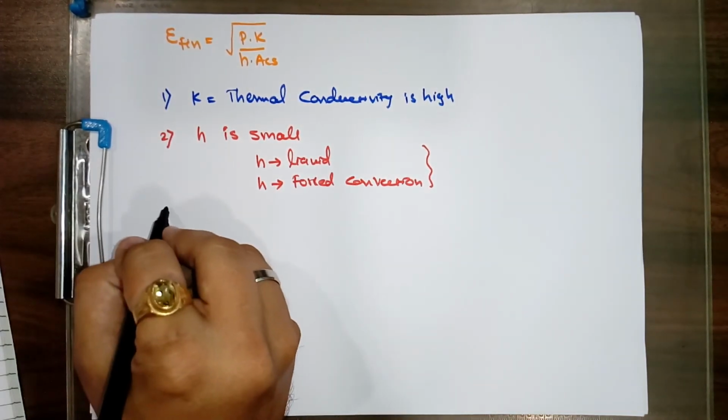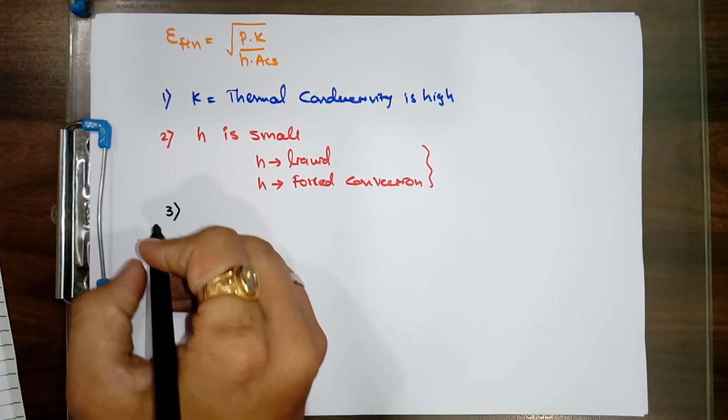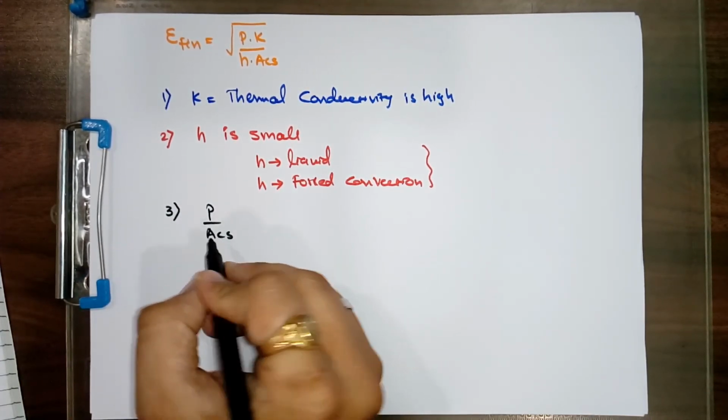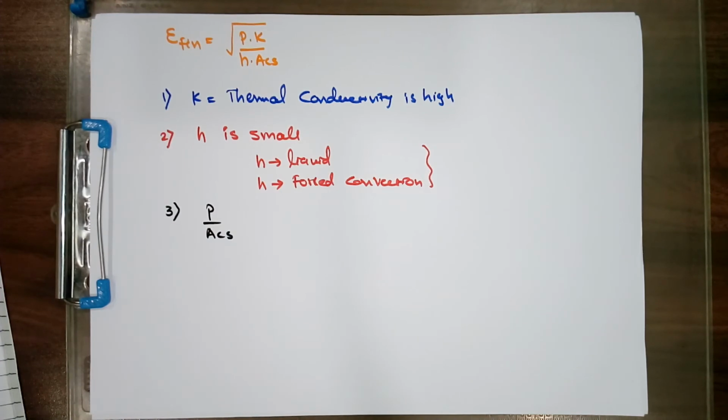The third is very important. The P by ACS ratio, the ratio of perimeter to cross sectional area: as it increases, the effectiveness also increases. From all three we can finally conclude that our fin can be effective only under three conditions. One is when the fin material has a higher thermal conductivity.